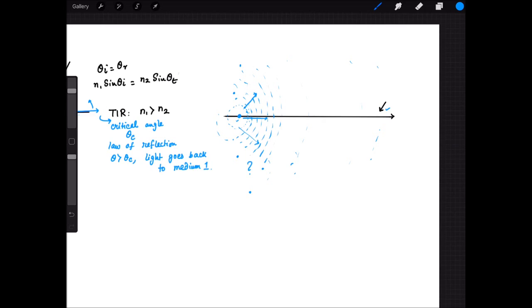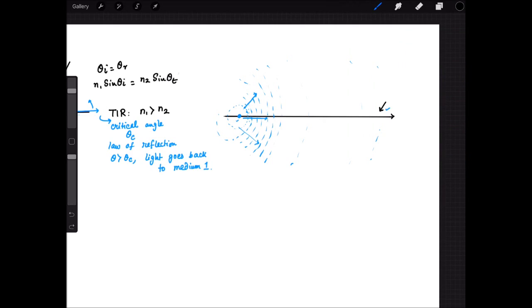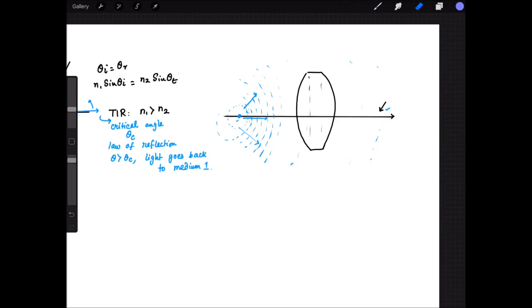So instead, let's get rid of all the complex points real quickly. Instead, what we can do is use an optical system, in this case a lens, and the lens collects the light.